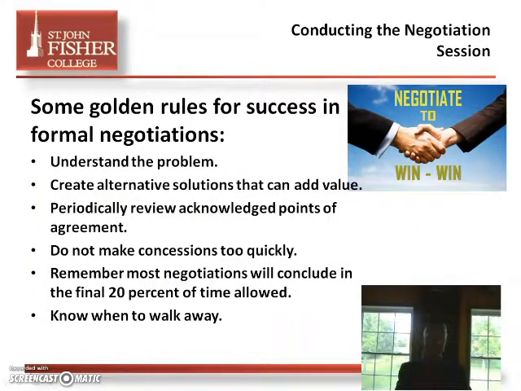So, conducting the negotiating session: understand the problem, understand where you need to be. Again, the BATNA, where they need to be. Start thinking creatively. Ask the buyer, what creative solutions can we come up with to meet in our zone of possible agreement? Acknowledge points and review.